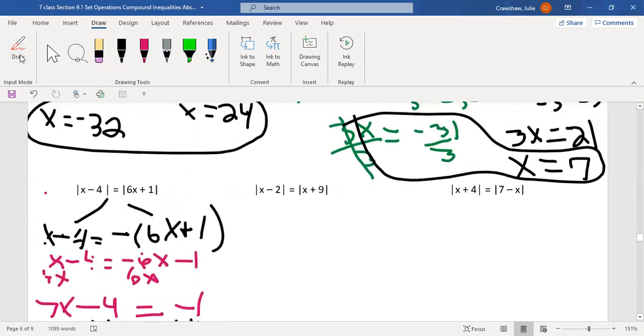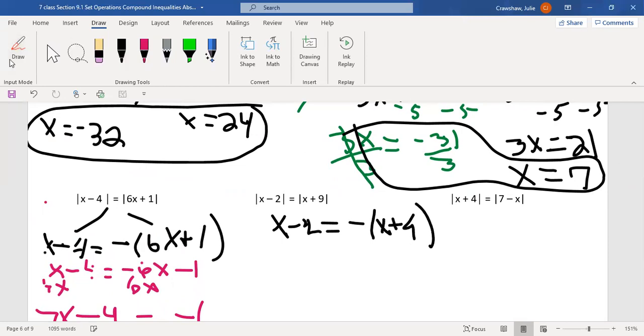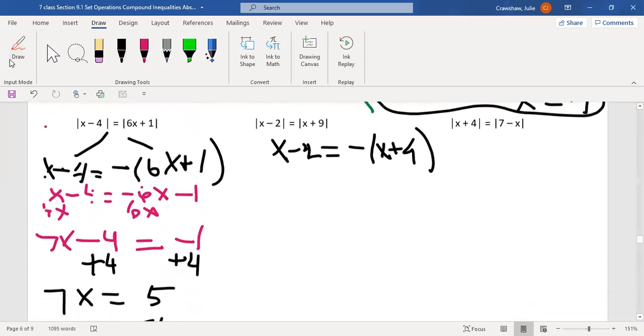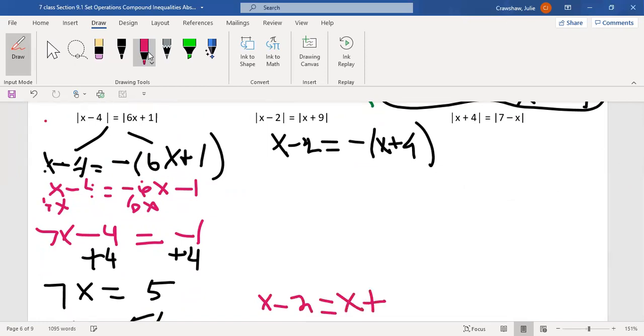So let's go to our next equation. We're going to have x minus 2 equals the opposite of x plus 9. That's going to be one equation. And then I'm going to have them simply as they are with no absolute value bars: x minus 2 equals x plus 9.